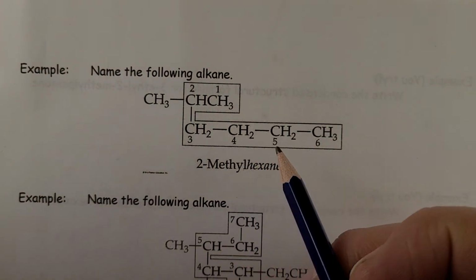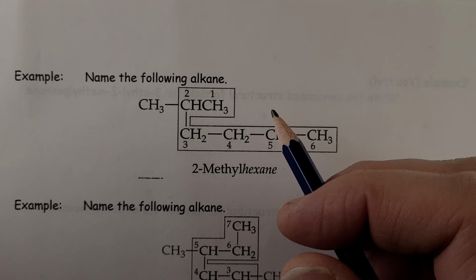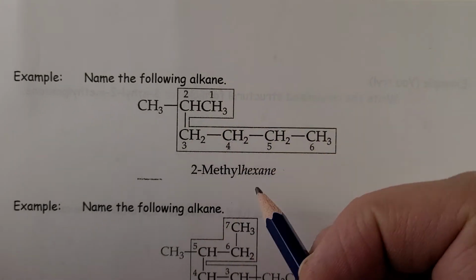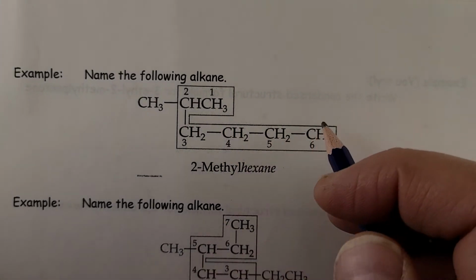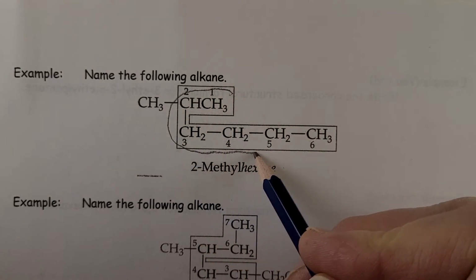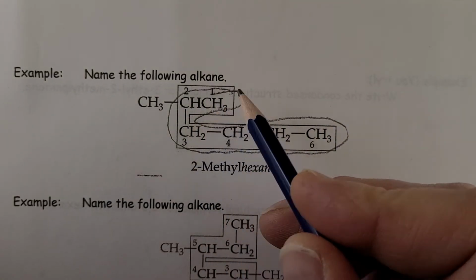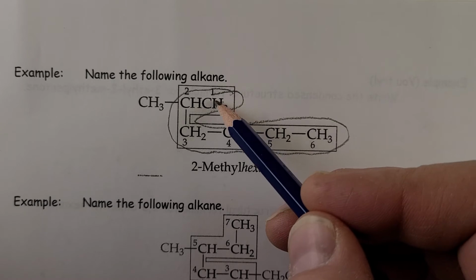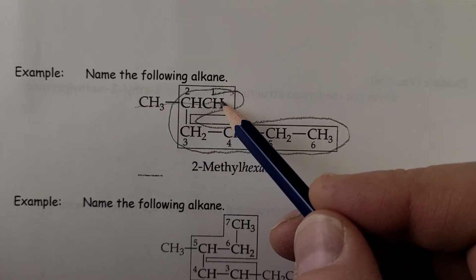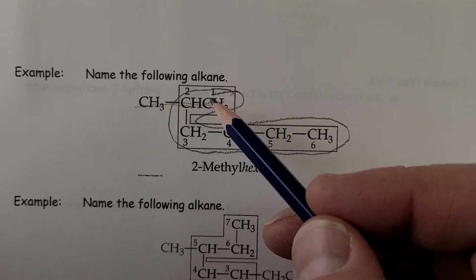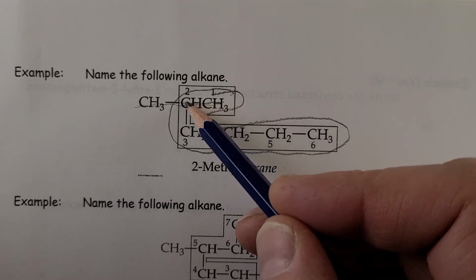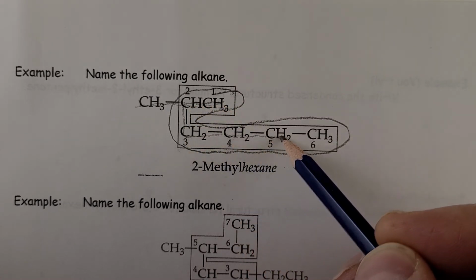So if I have something like this, now I wish I had given a few easier ones, because these almost look like a snake. So this one here, one long continuous chain. It's like taking your pencil and trying to go through as many carbons as you can without lifting it. If I go this way, oh, I only hit 3. But if I go this way, 1, 2, 3, 4, 5, 6.